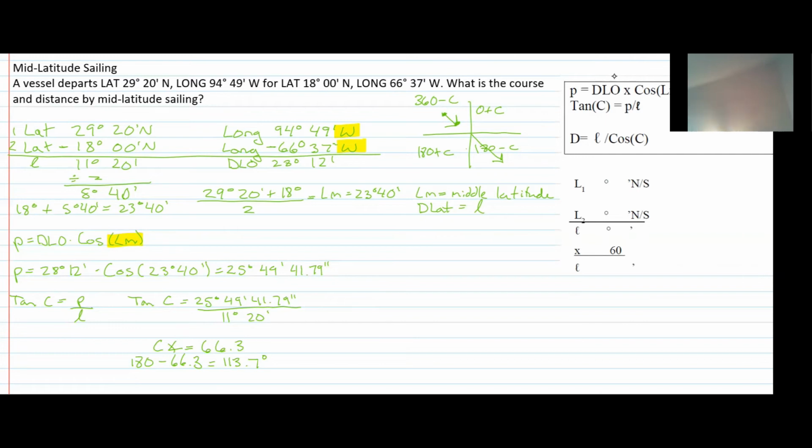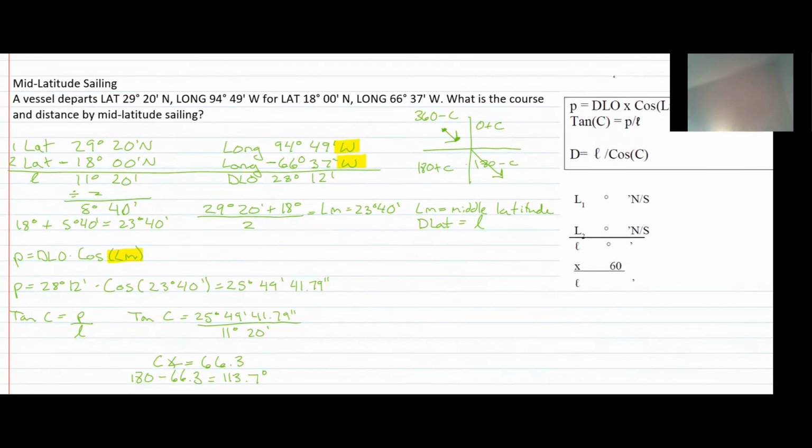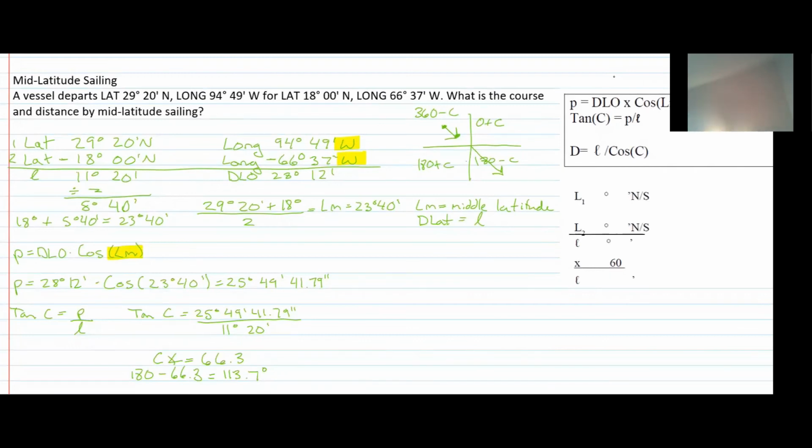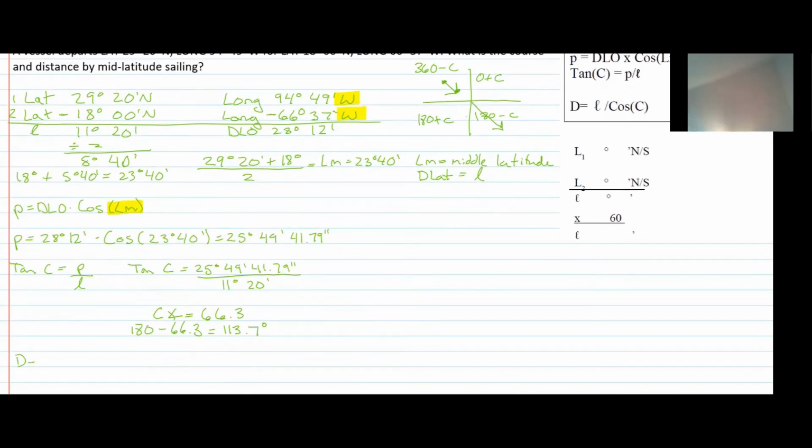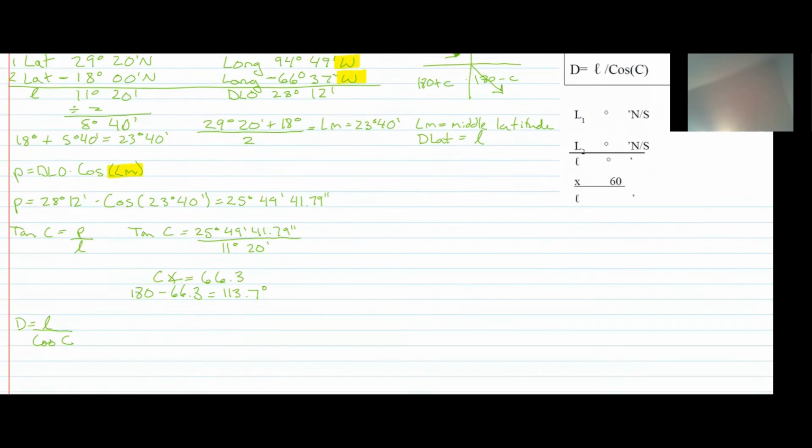So now that we have our course, we'll go into the last equation, which is D equals L divided by cosine of C. So D is distance equals our little l, which was the distance between latitudes, 11 degrees 20 minutes, divided by cosine of the course angle, 66.3.